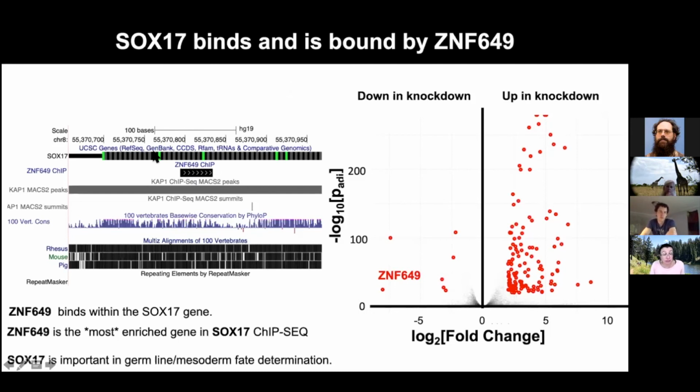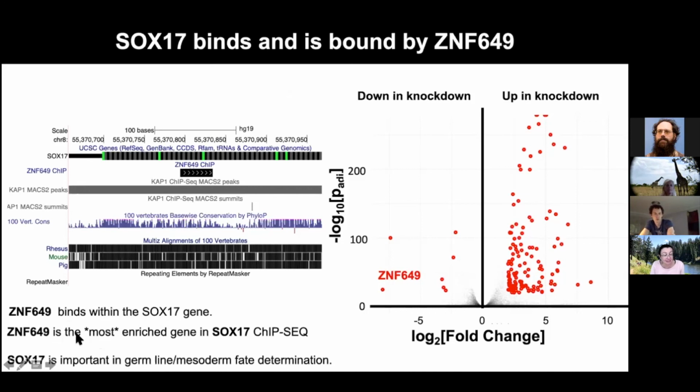Interestingly, we see other genes, including SOX17, which do not have an L1PA element, but do have a strong ChIP-seq signal, and also have a sequence that loosely matches the L1PA4 binding site. So in this 649 ChIP-seq data, you see a strong signal at SOX17.